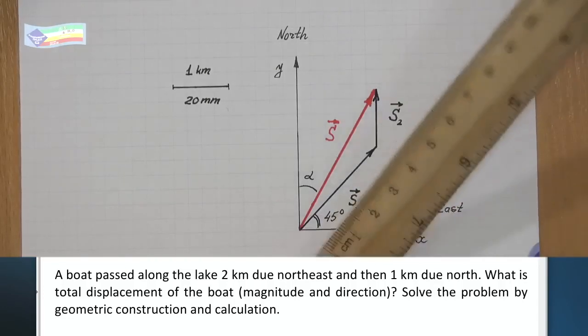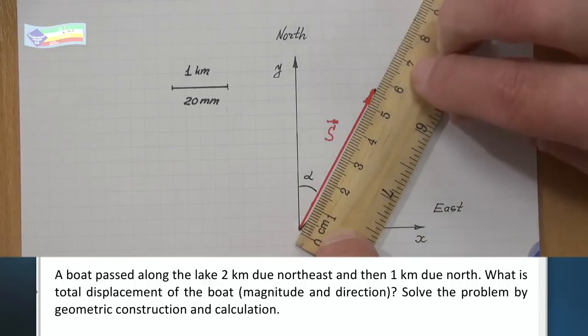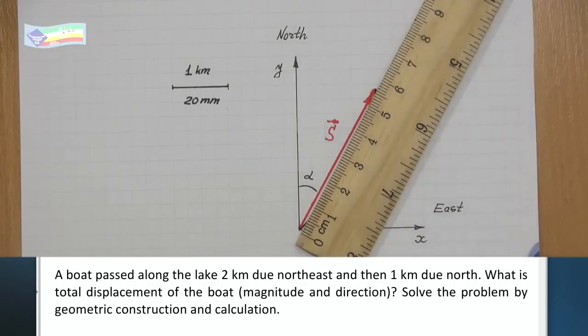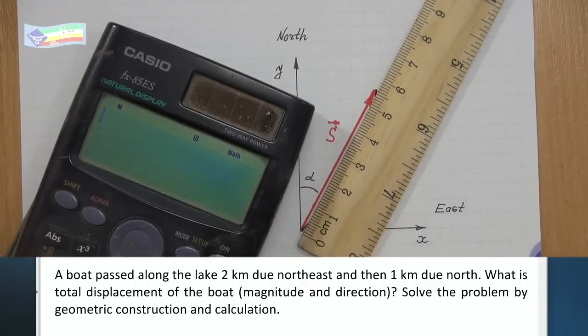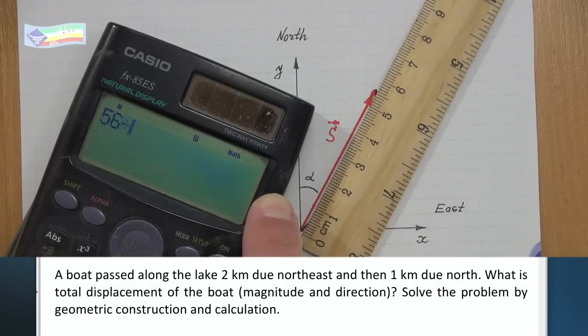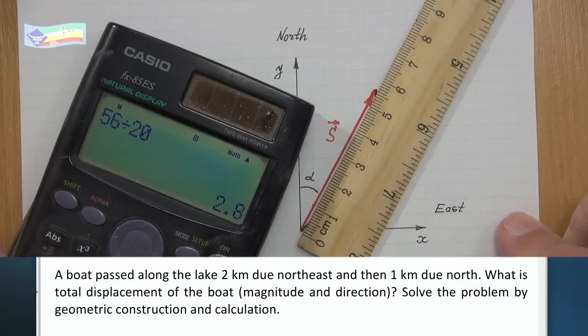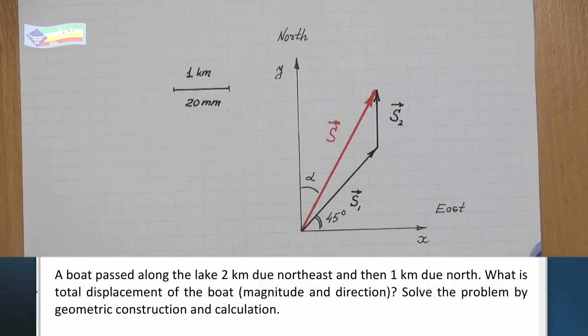Let us measure its magnitude, 56 millimeters, or when calculated to reality, 56 divided by 20 gives 2.8 kilometers. 2.8 kilometers is the magnitude of the total displacement.